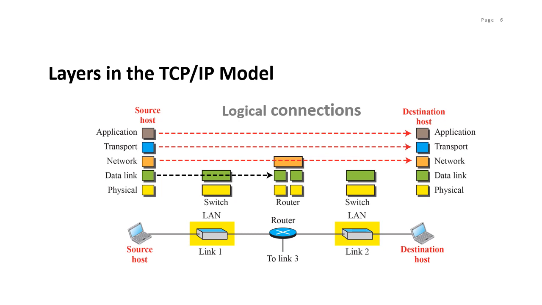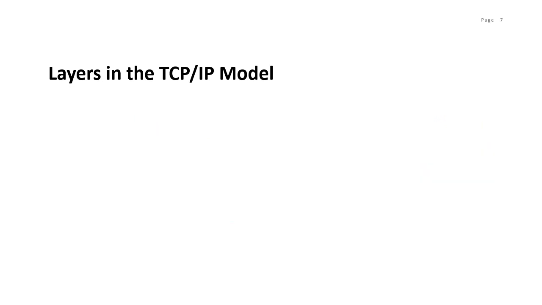However, the duty of the data link and the physical layer is hop-to-hop, in which a hop is a host or router. In other words, the domain of duty of the top 3 layers is the internet, and the domain of duty of the 2 lower layers is the link.